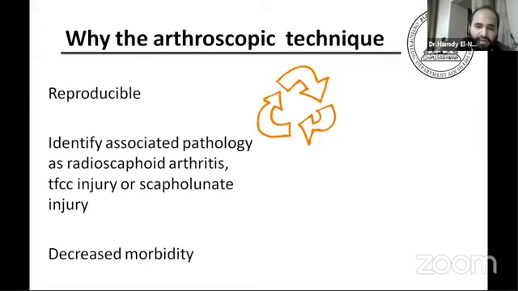Also here we think of associated pathology, maybe a tear in the triangular fibrocartilaginous complex. So it's very useful when we are suspecting a concomitant pathology in the wrist. Also, it's one of the cases in our randomized controlled trial we are carrying out now in Enchanted University Hospital.